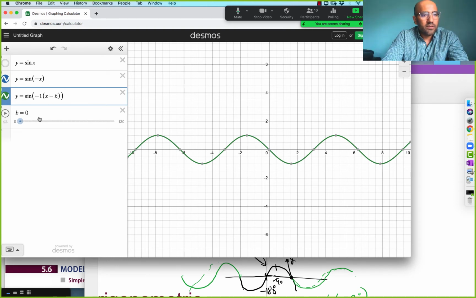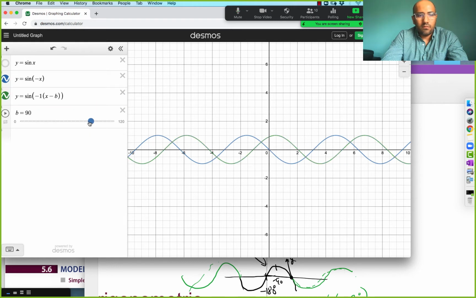Because the minus changes in the other direction. It's off. What did I do wrong? Oh, we're in radians here. Duh. Okay. Sorry.